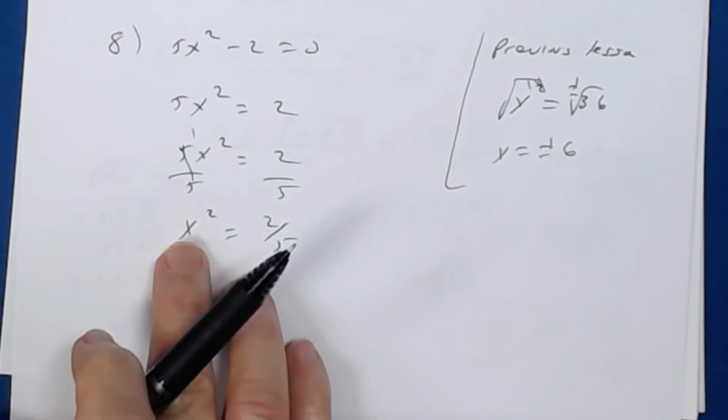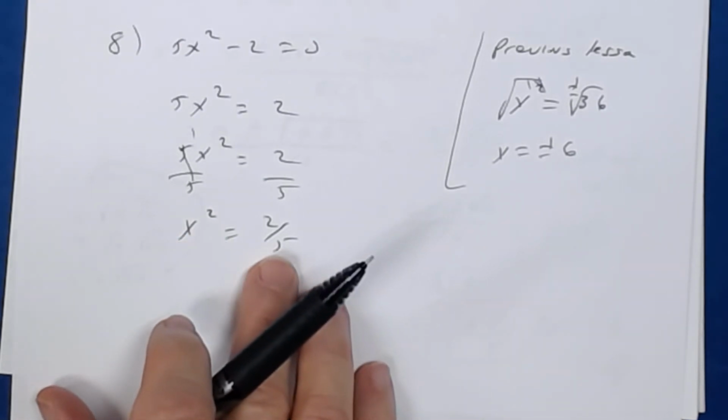So I want to get x by itself, except this time I'm dealing with a fraction. That's okay, I dealt with fractions in the previous course.